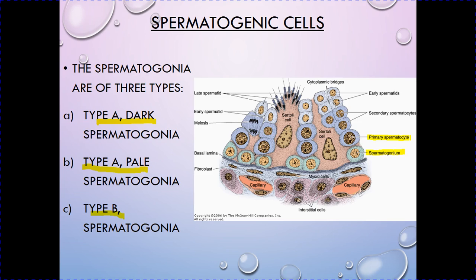The primary spermatocytes undergo meiosis and form the secondary spermatocytes. The secondary spermatocytes undergo the second meiotic division and produce the spermatids. So in the epithelium you will find various stages of the spermatogenic cells.